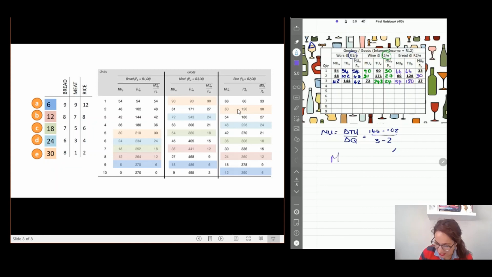And you look at where all your weighted marginal utilities for the different products are equal. That's why you calculate your weighted marginal utility.